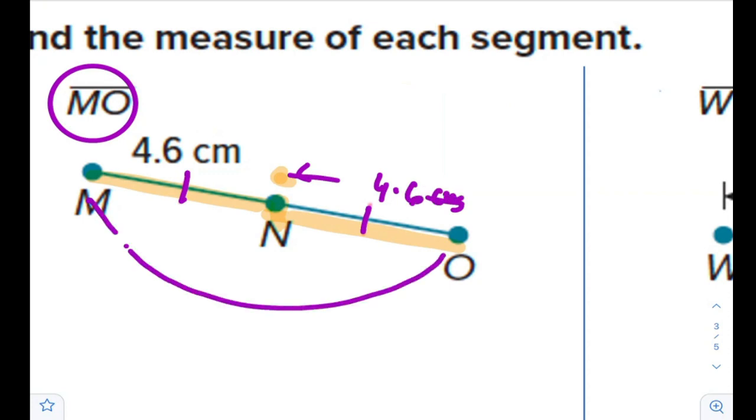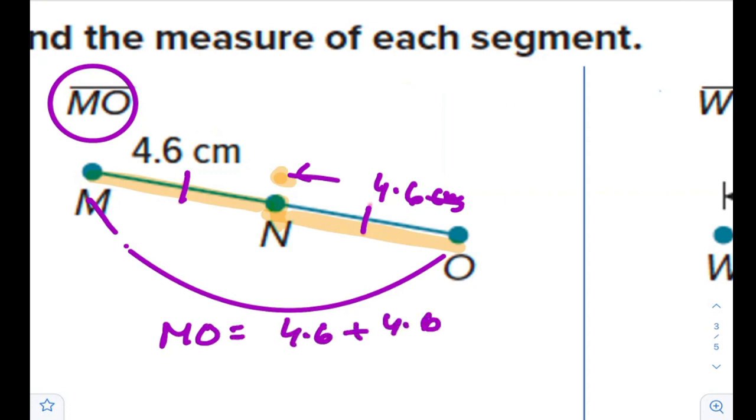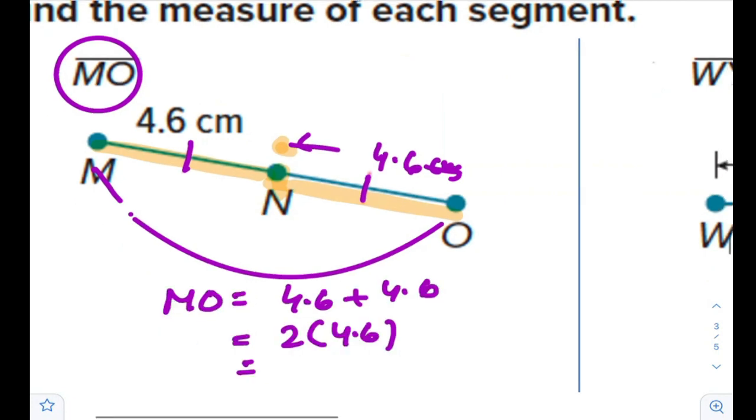If you are asked about MO, then M to O is 4.6 twice. You can add it twice, or you can multiply 4.6 by 2, which is 9.2.